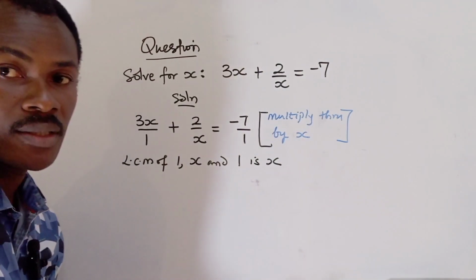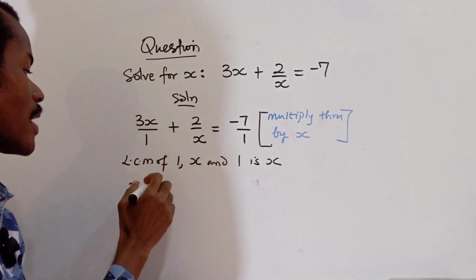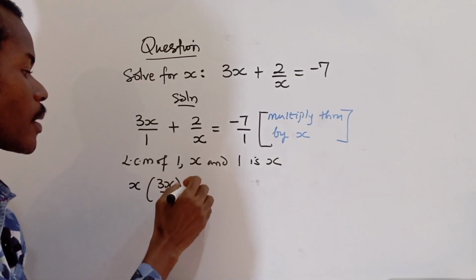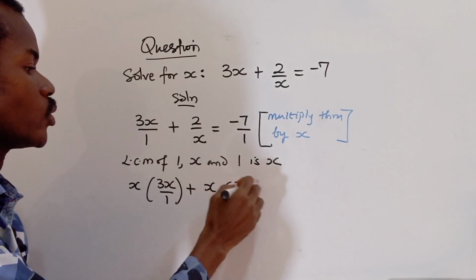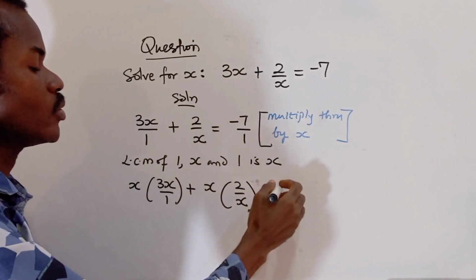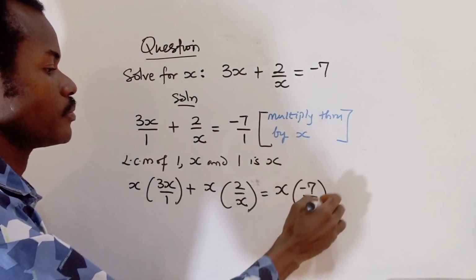So I'm going to multiply this. x is going to multiply 3x over 1, plus x is going to multiply 2 over x, and x is going to multiply minus 7 over 1.